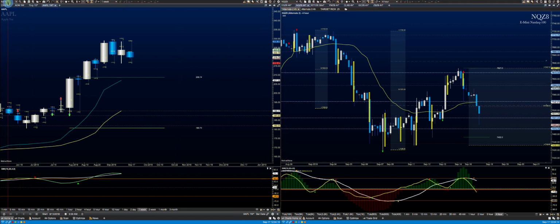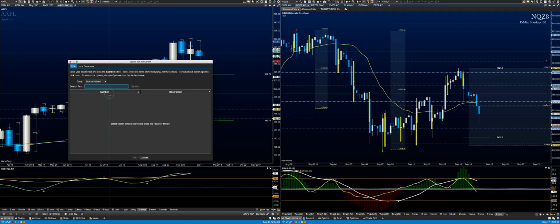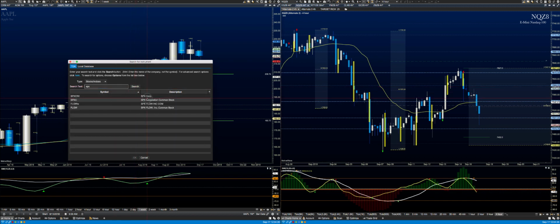Like if I want to take a look here at, let's open up a new chart and let's take a look at the SPX. Oops, that's not going to give us the SPX. So let's take a look at the index and see what they've got. Nope, that's not it.